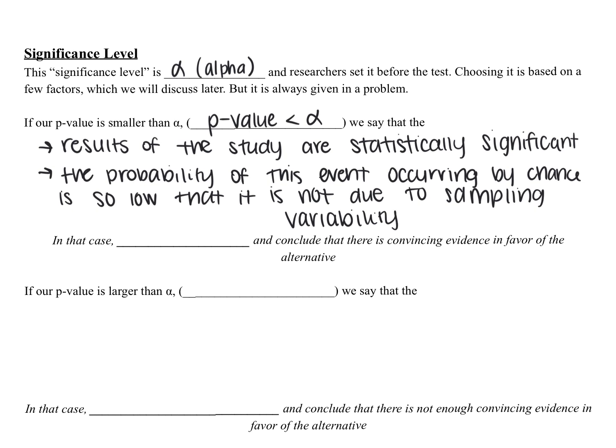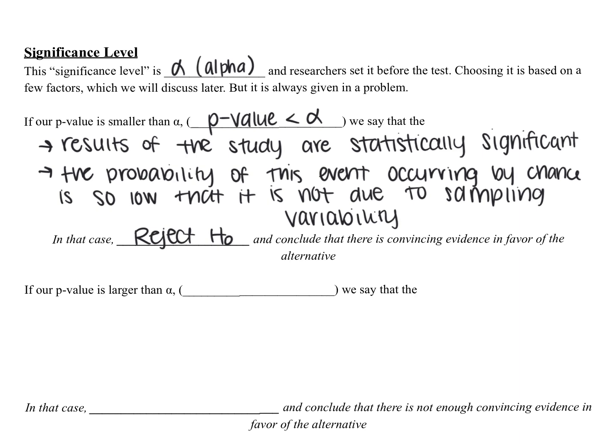And in that case, we reject our null hypothesis and conclude that there is convincing evidence in favor of the alternative. So if you get a very, very small p-value, it means that the probability that you got that p-hat is not due to sampling variability, that it really isn't, the claim that we made isn't really accurate.